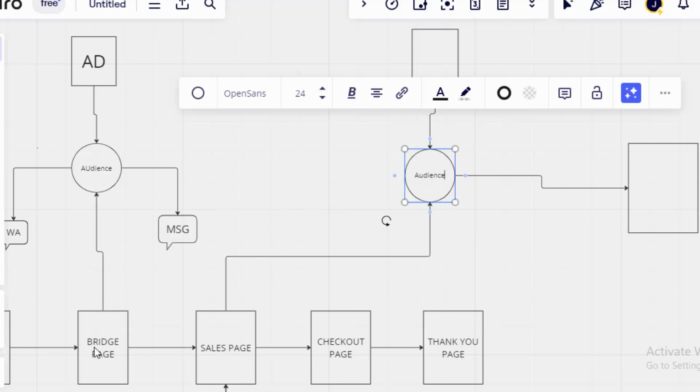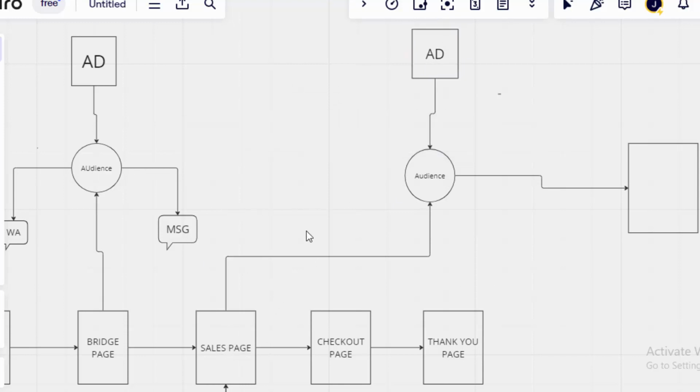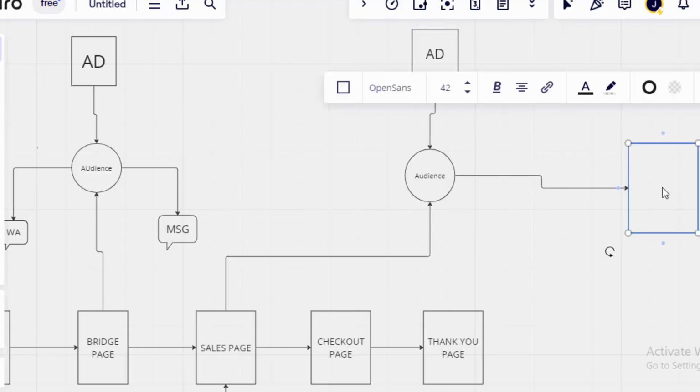You can use this audience for this same flow right here. We have this ad, then that goes into this pool. Like I said, if you are using the blind spot method and you don't have a pixel here for tracking, you send people here and you send them to this page right here.